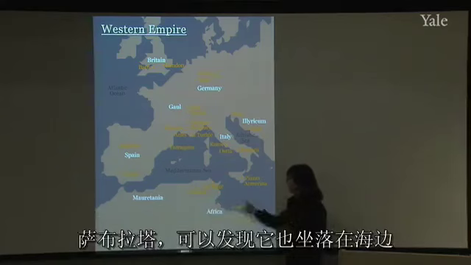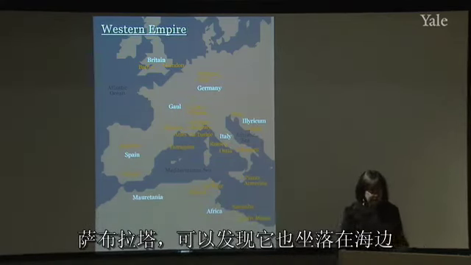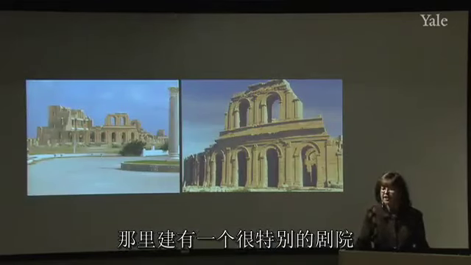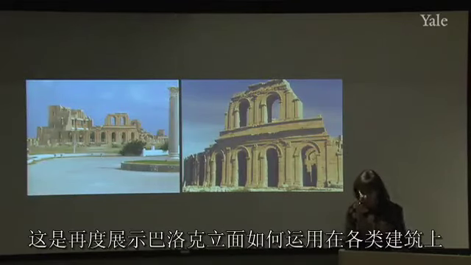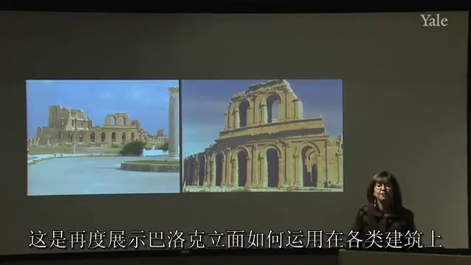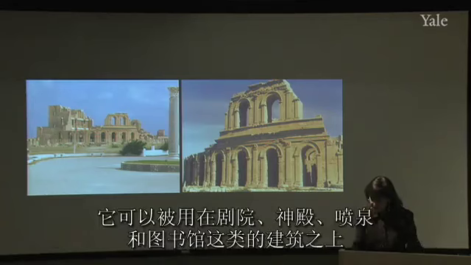Here's the site of Sabratha, and you can see that it too is located on the sea. An extraordinary theater was built there, and it's another example of the way in which these Baroque facades could be used for a whole host of buildings. It could be used for theaters and for temples and for fountains and for libraries and so on and so forth.